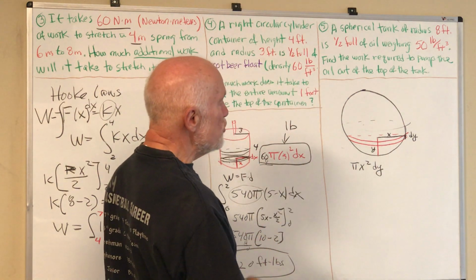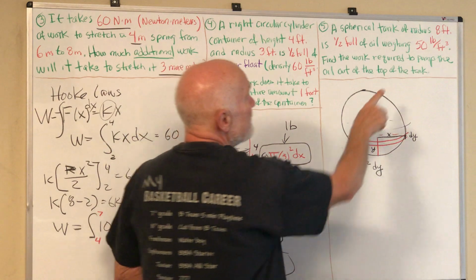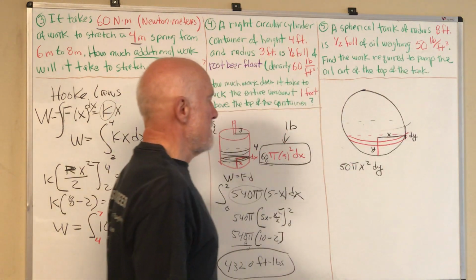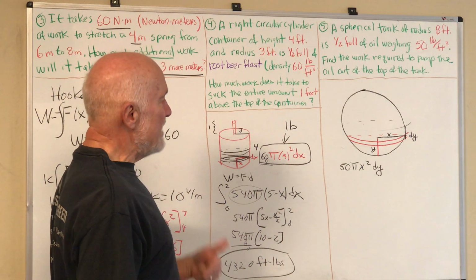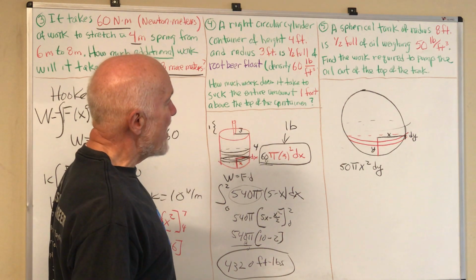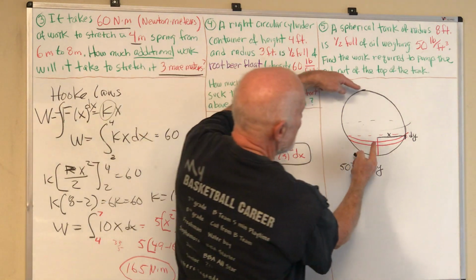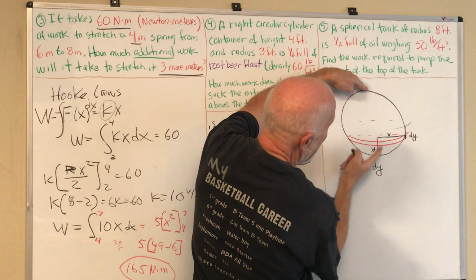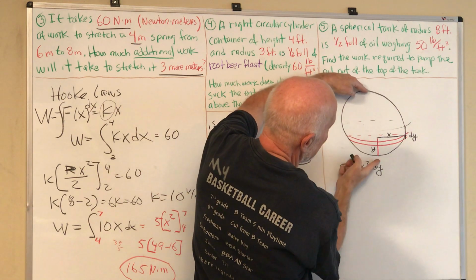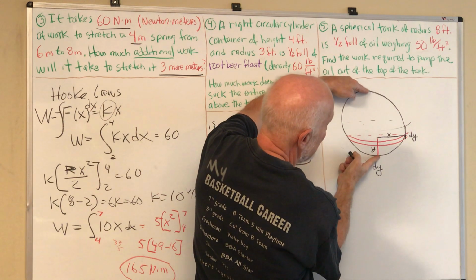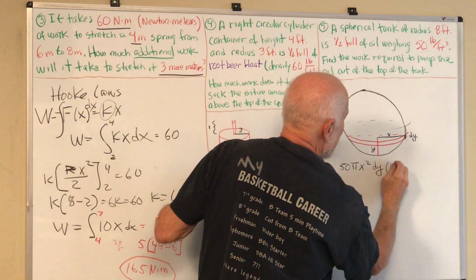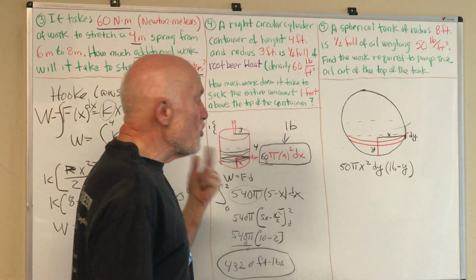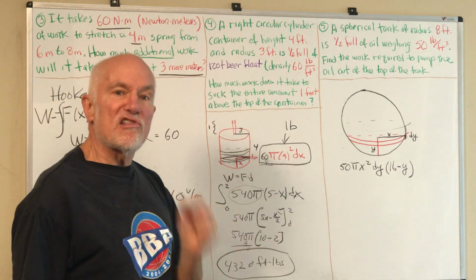And then to make it into a force or a weight, I have to multiply it by the density. And now I'm going to have to multiply that times how far I have to move it. Well, I have to move it from here to here. Well, this distance is y, and the radius is 8, so this total diameter is 16. So the distance you have to move it is 16 minus y. And that's the work to move just that one slice.